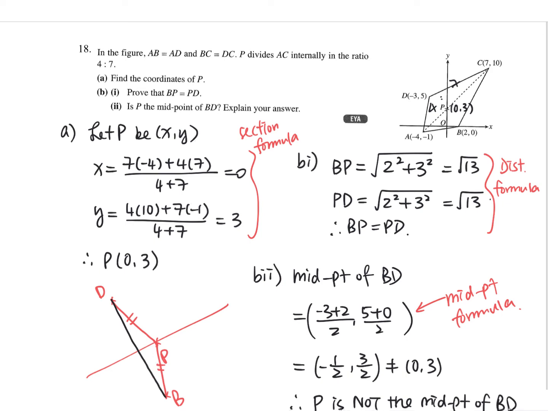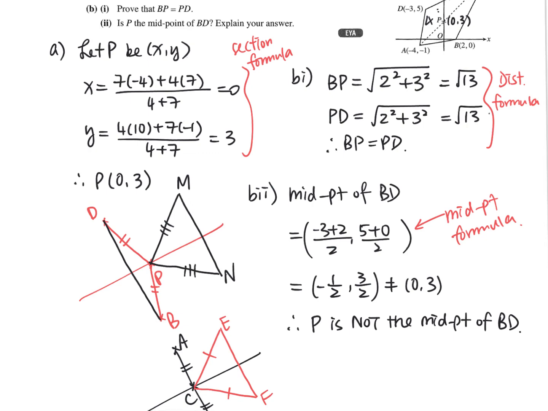So there are actually many situations that would make these two legs equal, but P not being the midpoint of these 2 points that are equal distance from P. Okay, so just want to remind you that this statement in B1 does not imply that P is the midpoint of BD.